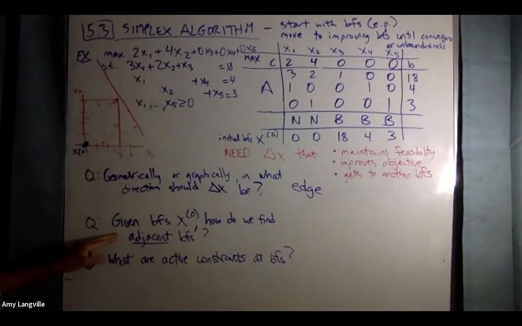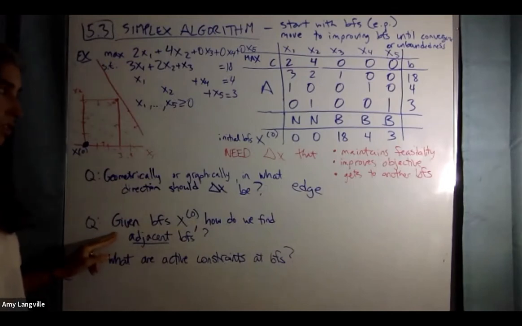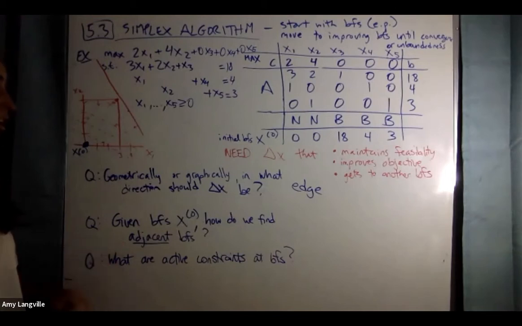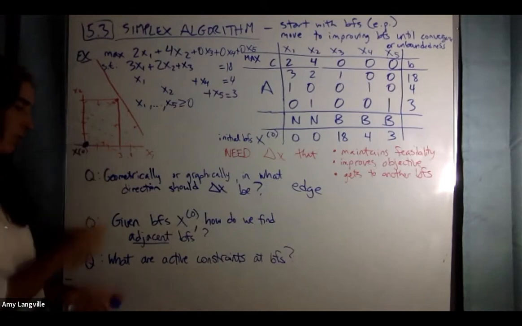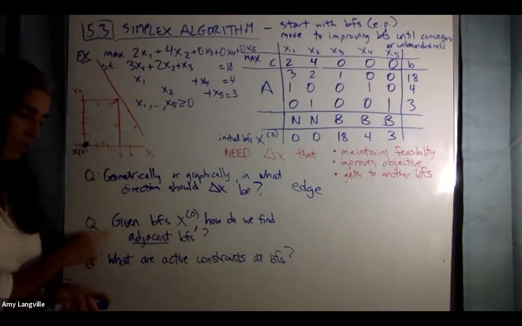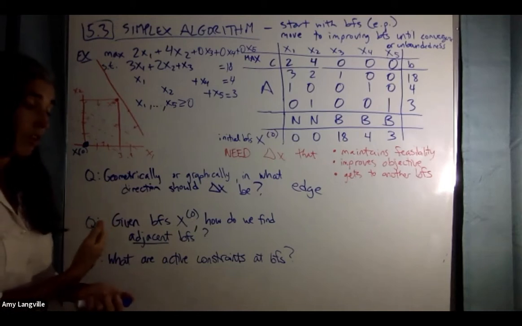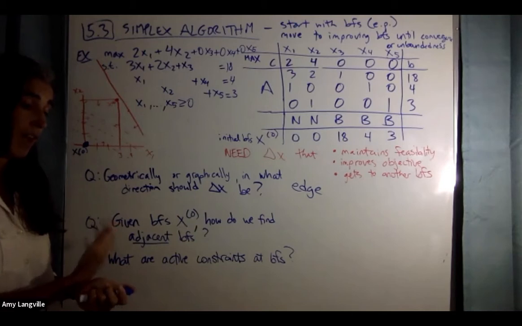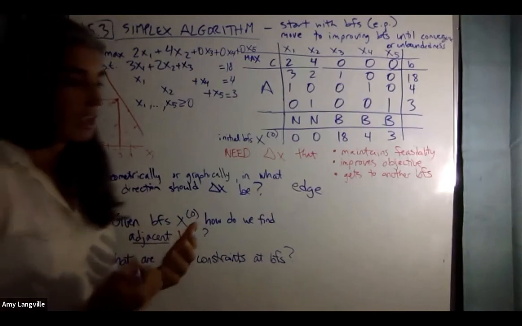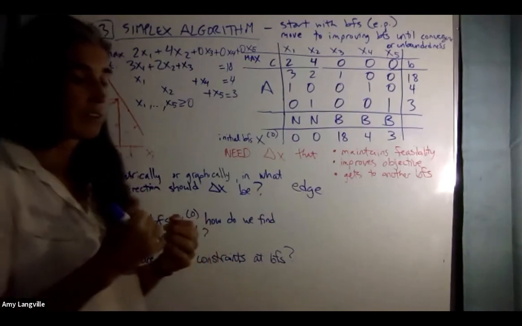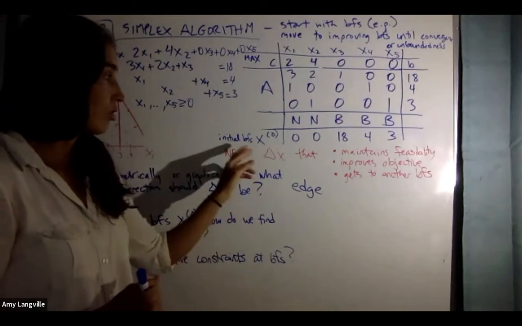And so the next question, given that we're at this basic feasible solution x0, is how do we find an adjacent basic feasible solution? We move along one of our edges, but how do we do that? That is visually, but how do we talk about adjacency in terms of a definition or how it relates to our active constraint set? Our active constraint set was the set of constraints that were tight or binding or satisfied as equality at the solution that you're at.